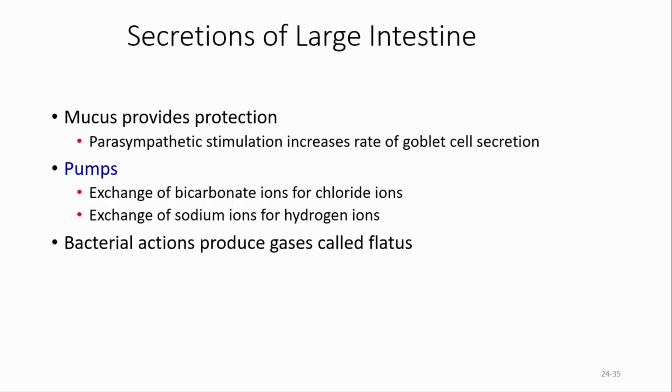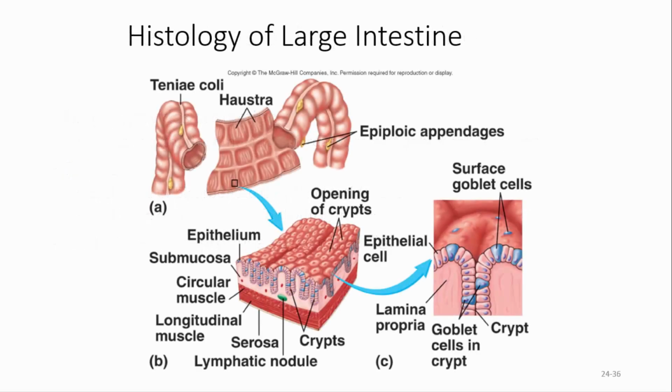Some pumps that we find in the large intestine will exchange bicarbonate ion for chloride ion, and it'll also exchange sodium ion for hydrogen ion. And then bacterial action produces gases called flatus. And it also has a whole bunch of other words too, which I'm sure you're thinking right now.